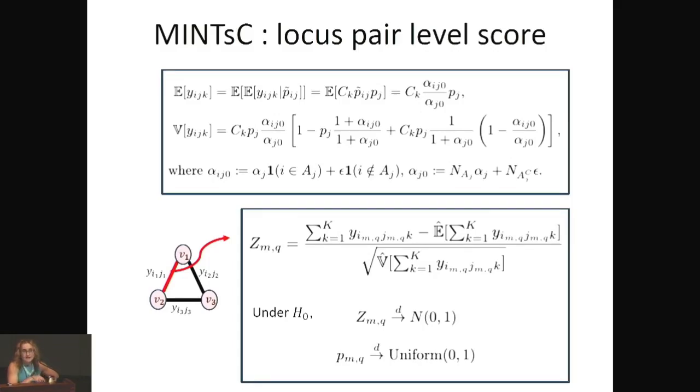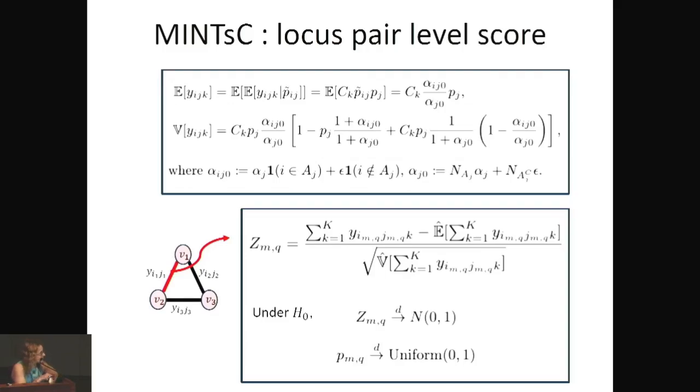So what is the evidence for this edge deviating from the null is quantified by this z-score. And this behaves very nicely. It has a normal 0, 1 distribution, and the corresponding edge p-values have a uniform distribution.